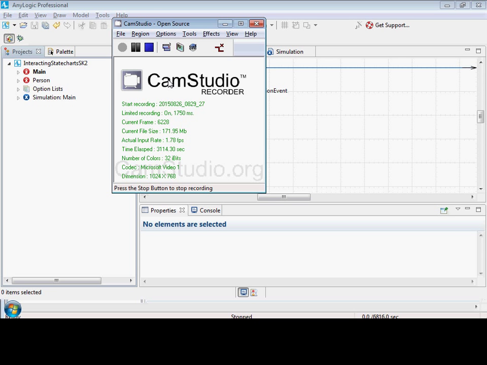There's nothing that recognizes it as a state chart, and as a result, it's merely implicit. You have to read through the code to understand what's going on, and that there is this set of transitions in a state chart. I think one of AnyLogic's great strengths is reifying these constructs.